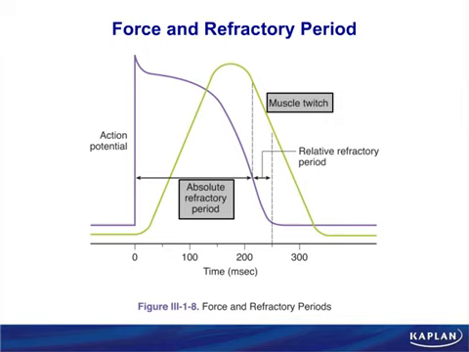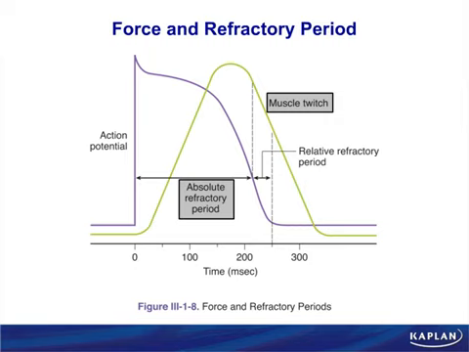So because of this long absolute refractory period, with the twitch tension already starting to fall, cardiac muscle cannot summate. And if you can't summate, you can't go into tetany. This is the mechanism by which cardiac muscle cannot tetanize.